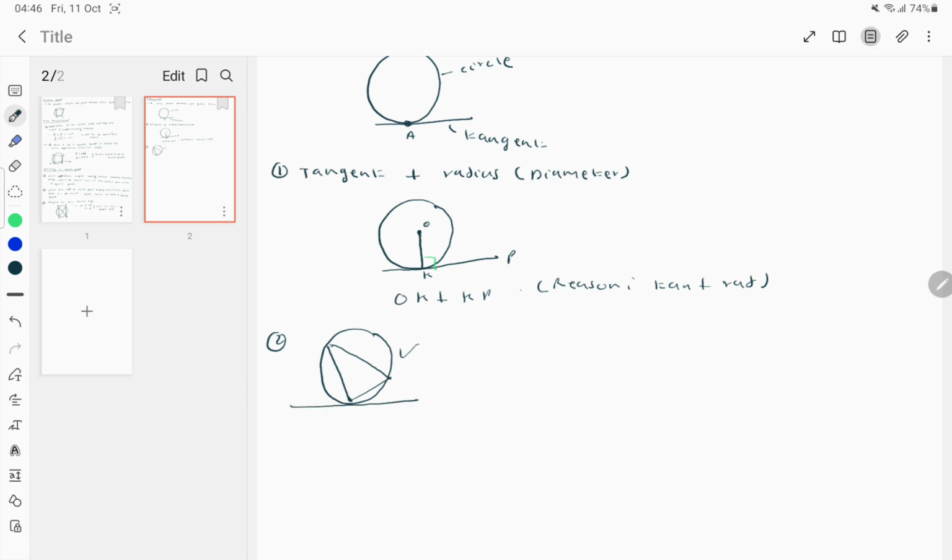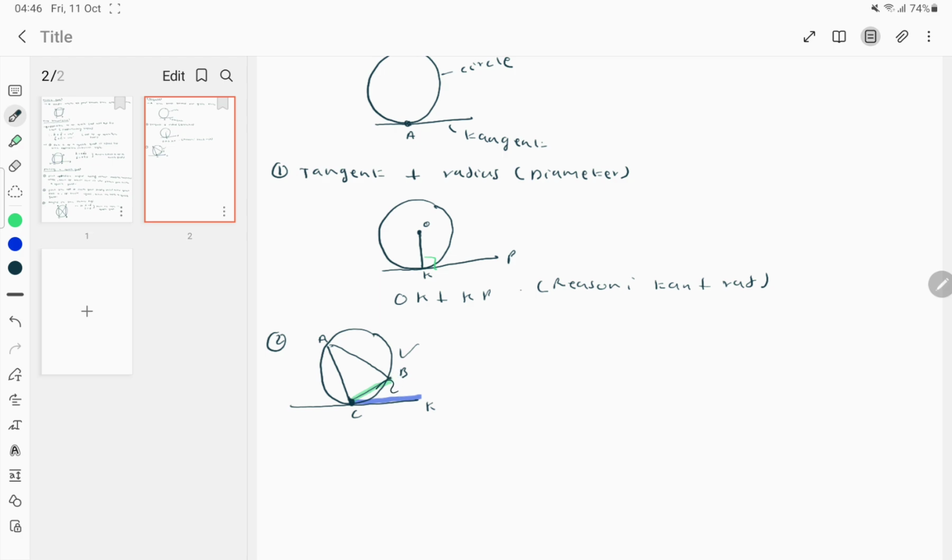Let's say you have a tangent here. What tan chord says is that the angle between a tangent and a chord, so here is my tangent, maybe I'm looking at it from this side, and where's my chord? My chord is green, the chord CB.